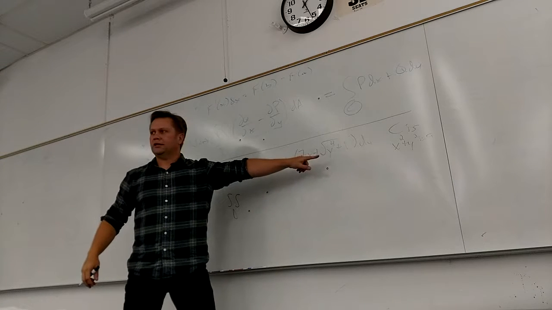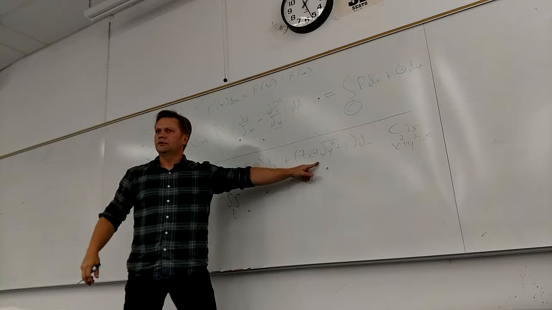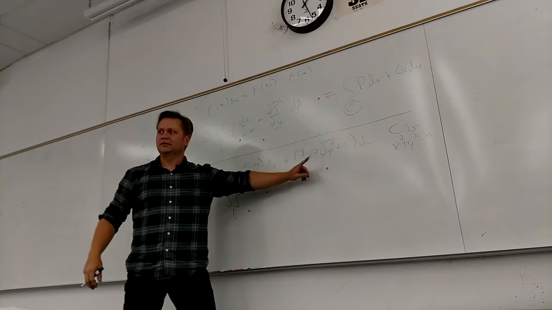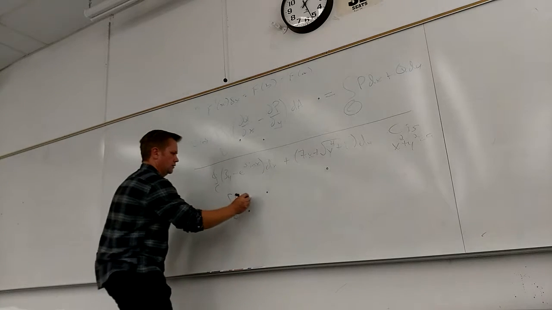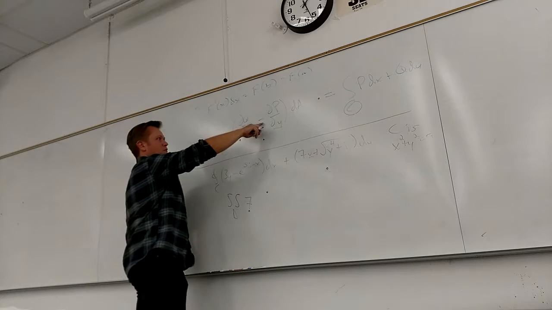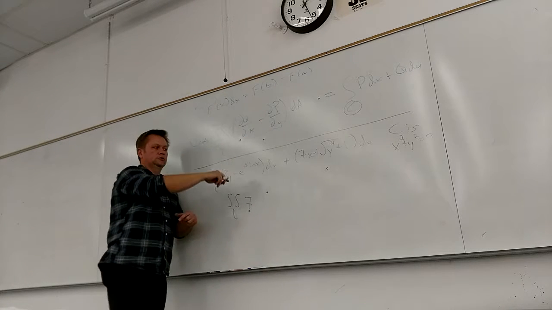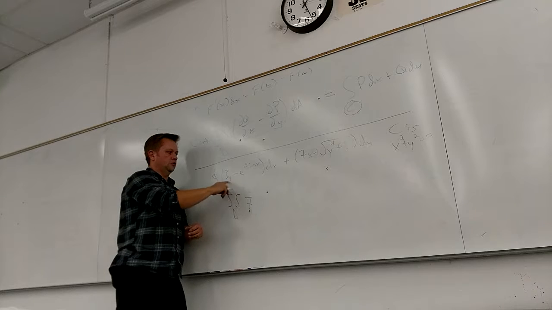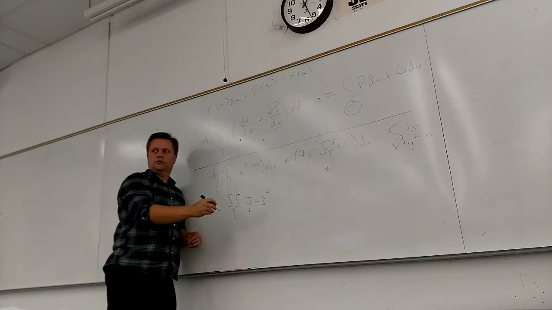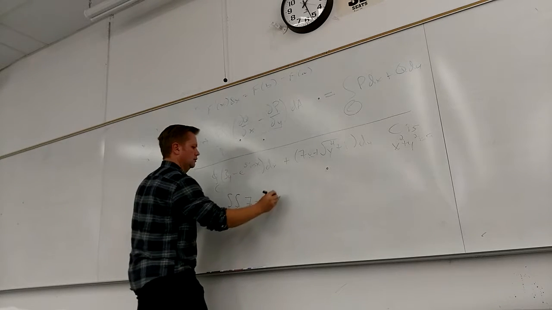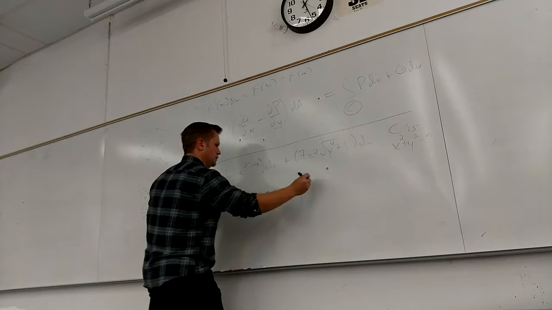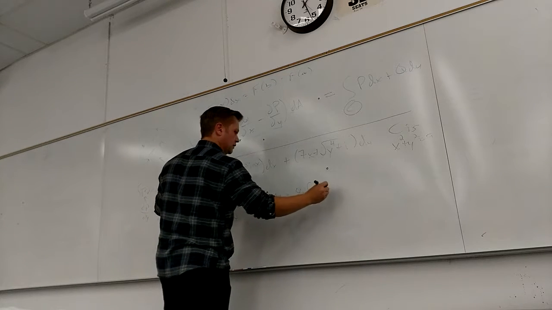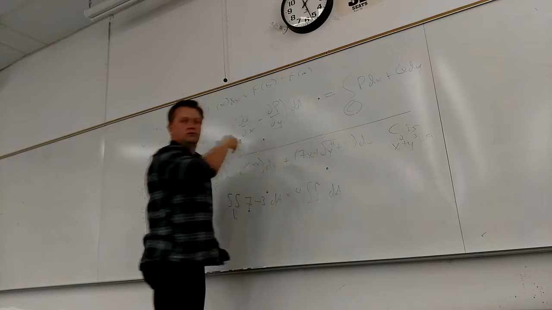What's dQ/dx? 7. Minus dP/dy. 3. dA. So it's 4 times the integral of dA over that region.